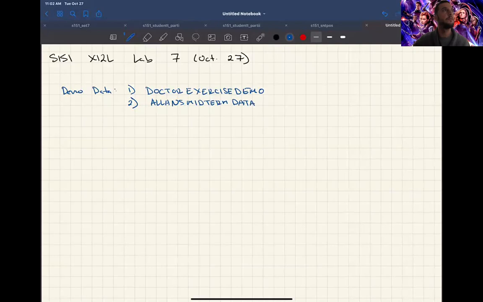Those files are available in the lab demo folder, the demo data file folder on the course website. We're going to need those for questions 18 and 19.